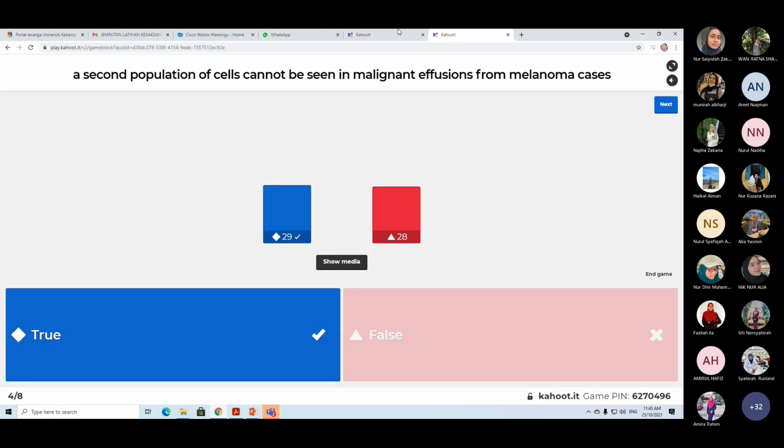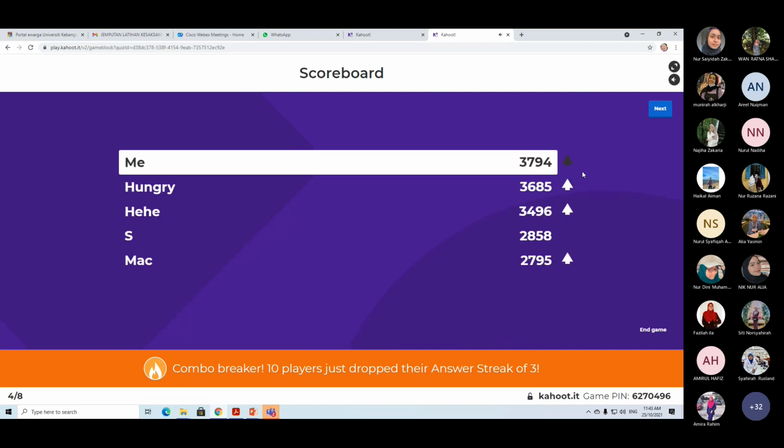Usually in melanoma cases with malignant effusion, it is really hard for the pathologist or cytology officer to find the malignant second population of cells. So usually in melanoma cases they will perform immunohistochemistry. Okay, well done.